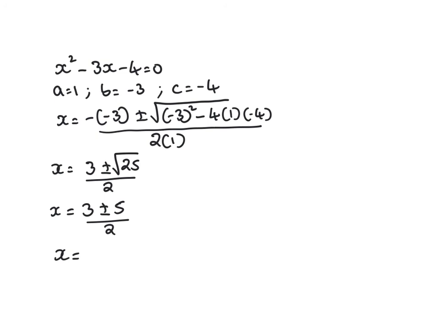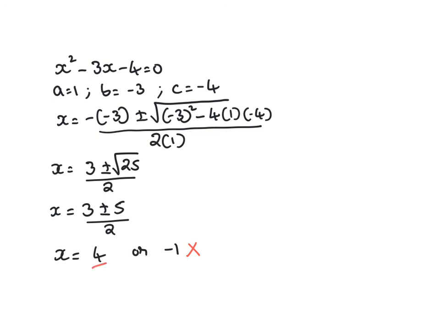3 plus 5 is 8 over 2, which is 4, or 3 minus 5 is minus 2 divided by 2, which is negative 1. But why can x not be negative 1? Because x is representing the breadth of the park, which cannot be negative.